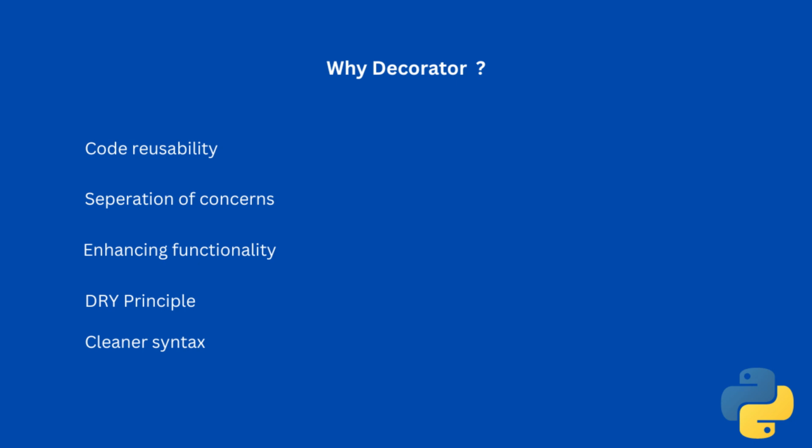They allow you to enhance or modify the behavior of a function in a clean and modular way. Fourth one, DRY principle. Decorators help adhere to the don't repeat yourself principle by avoiding code duplication. Fifth one, cleaner syntax. They provide a cleaner and more readable way of applying cross-cutting concerns. So these are some of the major points about decorators.